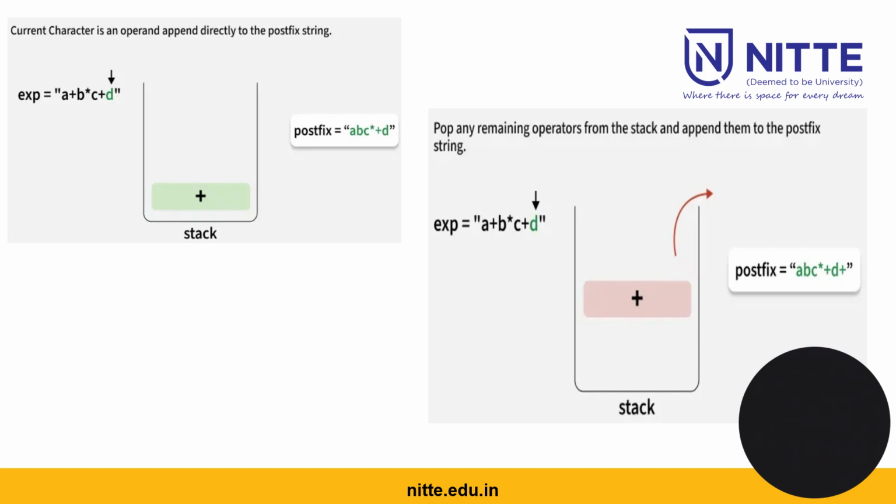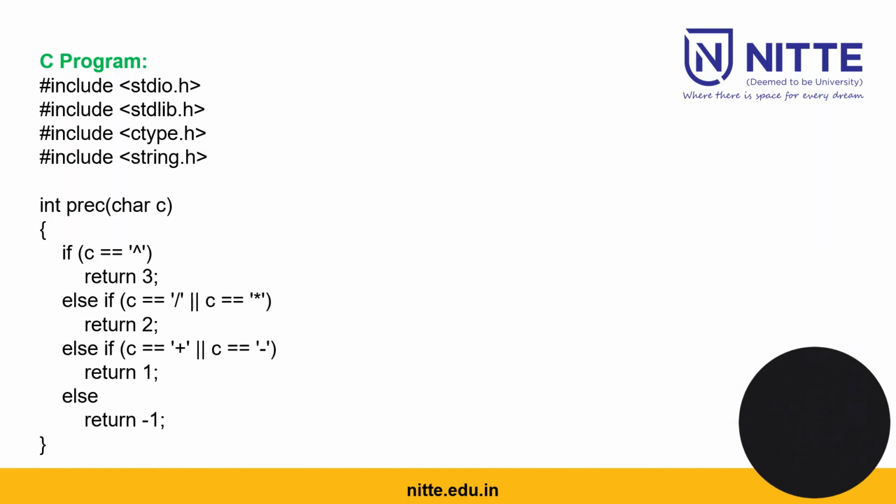I have to pop it because it is the last element in the expression, and push it into the postfix expression. So this is how finally we convert an infix expression to the postfix expression.